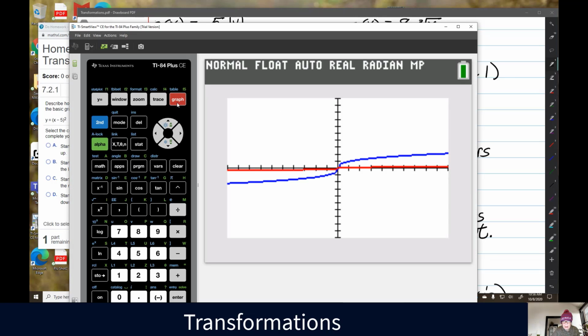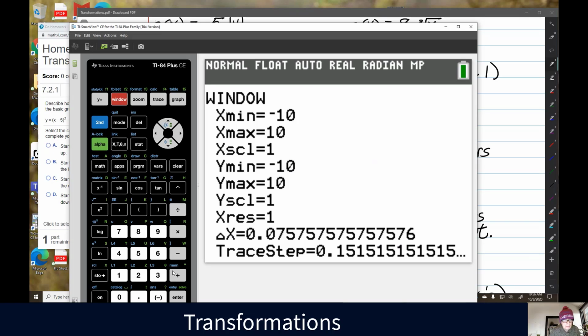Wow. I'm going to change the window to get more of a close-up view. Let's see. -3, that's drastic, to 3, -3 to 3.